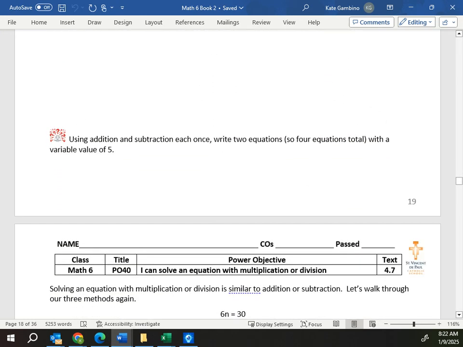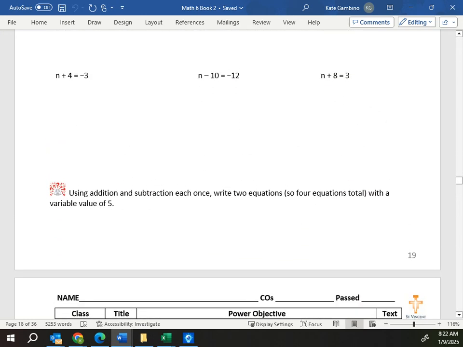And then at the bottom, we have a word problem using addition and subtraction. Each one, so you're going to write two equations using addition, two equations using subtraction.